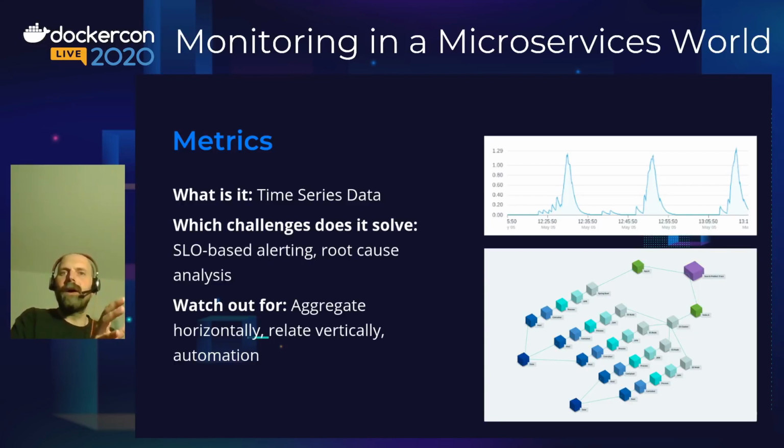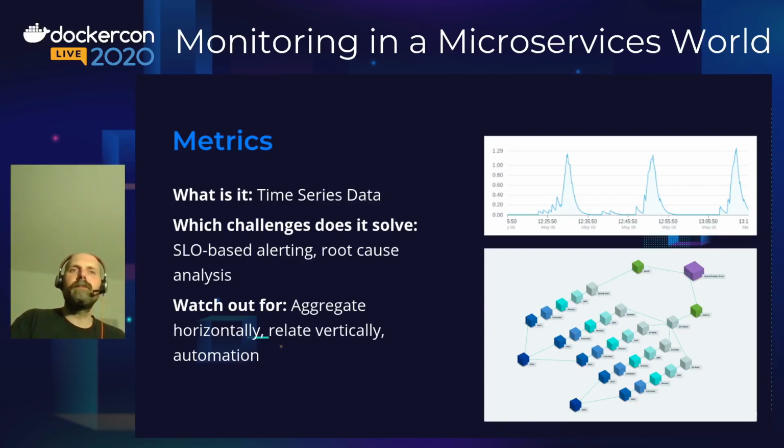This dynamic graph has all the relations and it changes over time. So you can basically scroll back to any given point in time, look at the horizontal dimension, look at the vertical dimension, and relate all different types of metrics that we collected at this point in time with the configuration as it was at that point in time.